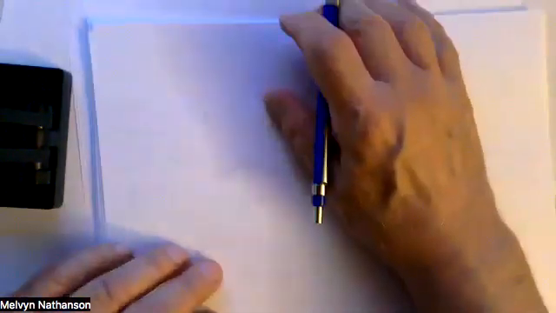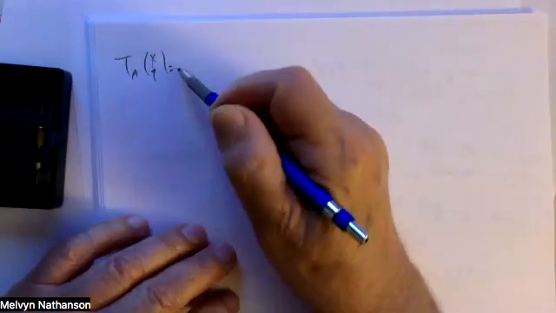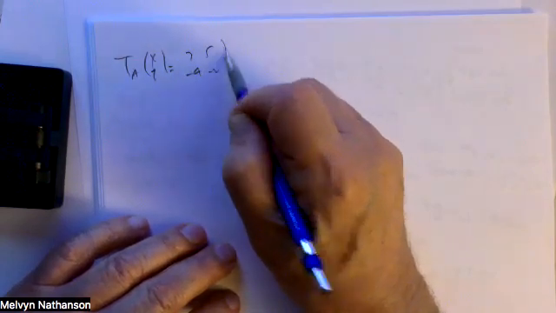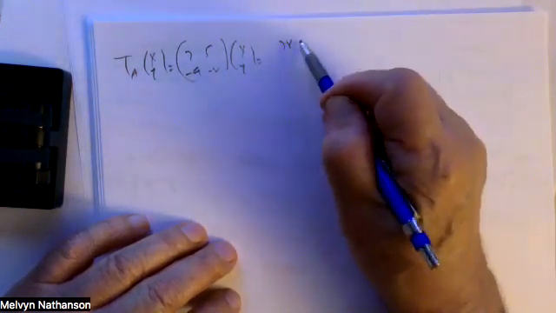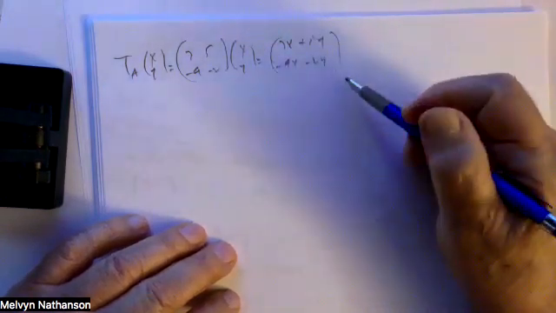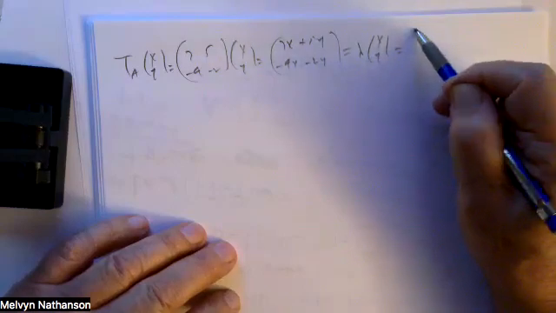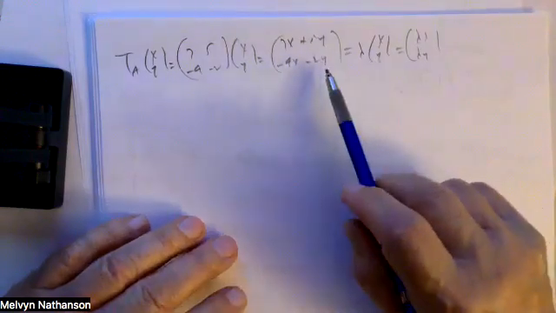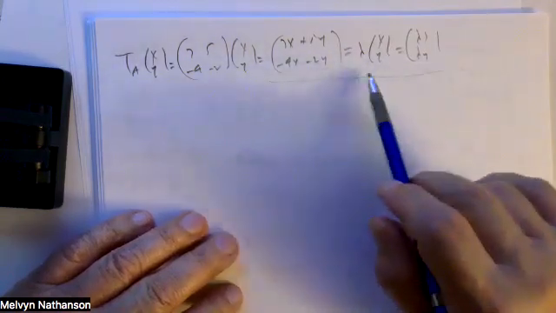Let me write it down again here. T_A of (x, y) is equal to 7, 5, minus 4, minus 2 applied to (x, y). This is (7x plus 5y, minus 4x minus 2y). And I want to find a lambda such that this is equal to just lambda times (x, y), which is (lambda x, lambda y). So I want to find the lambda for which there's a non-zero pair (x, y) satisfying this vector equation.